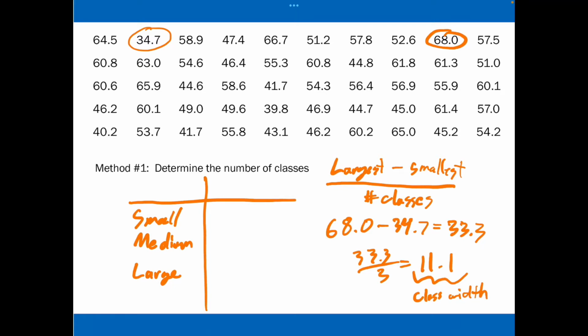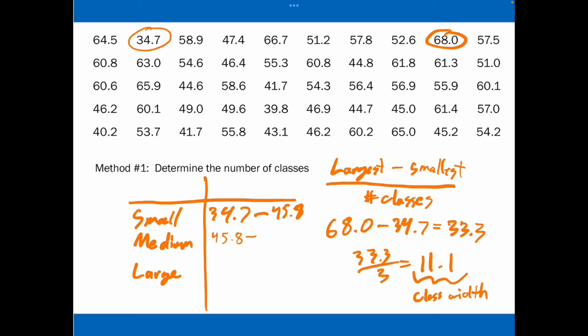And so that gives me a bit of a basis for how I want to start creating these classes. So my first class is going to start with our smallest value, 34.7, and then it'll add 11.1, and that'll give me my next largest class. So it'll go from 34.7 to 45.8. And then my next class is going to run from 45.8.